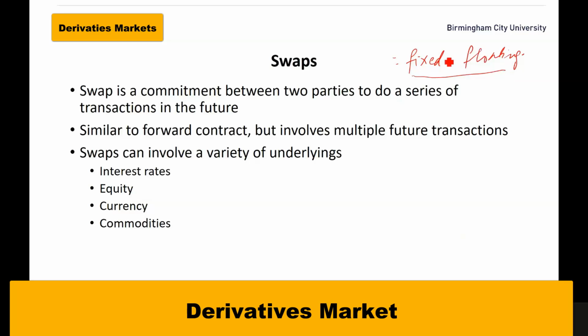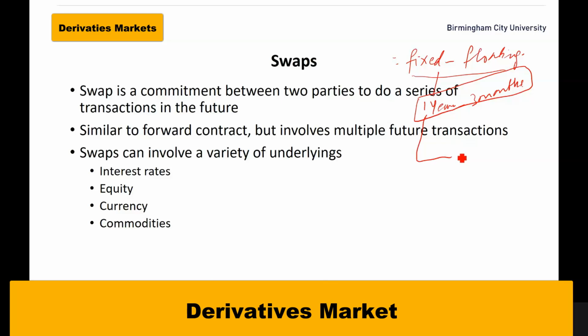Let's suppose this swap is for 1 year, and every 3 months there will be this exchange. So that means there are 4 payments that I can expect, 4 net payments.